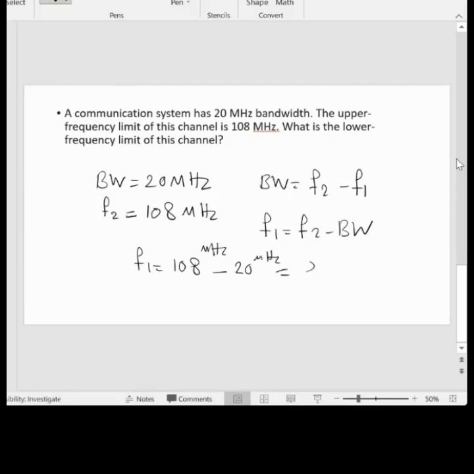So this will be 88 megahertz. And this is for the FM radio frequency bandwidth.